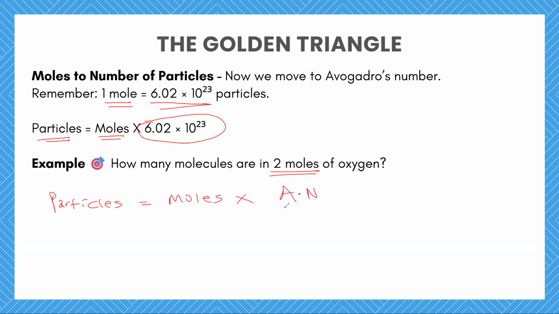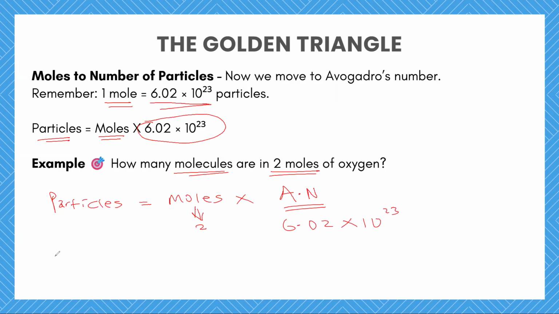Let me just use an acronym, AN. The particles that we are calculating in this case are molecules. How many molecules are present? We do not know that, but we know that the number of moles present are 2, and Avogadro's number is 6.02 times 10 raised to power 23.